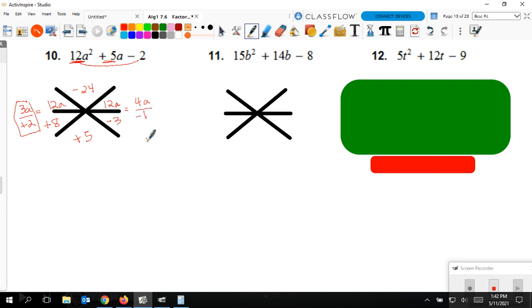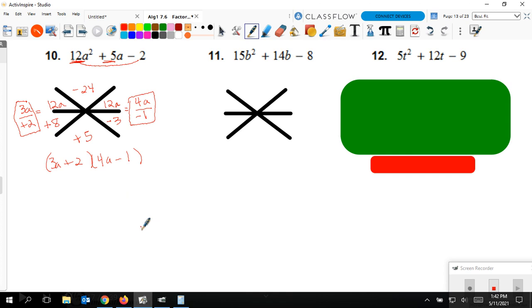Now this side is reduced. As we put our two binomials down, this one can go first: 3a plus 2, and the other one is 4a minus 1. Again, the order of the binomials doesn't matter, just that they are those two binomials.